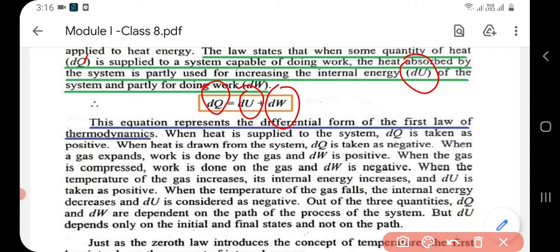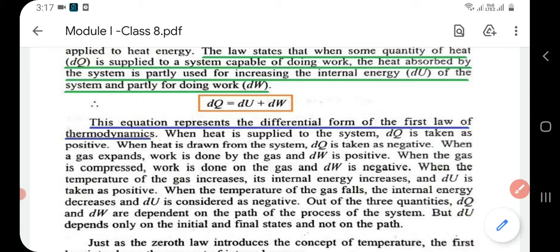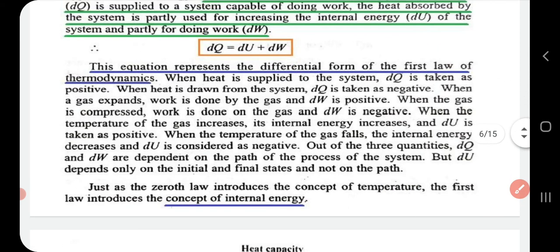So dQ is equal to dU plus dW is the differential form of the first law of thermodynamics. So when heat is applied to the system, dQ is taken as positive. When work is done by the gas, dW will be positive.